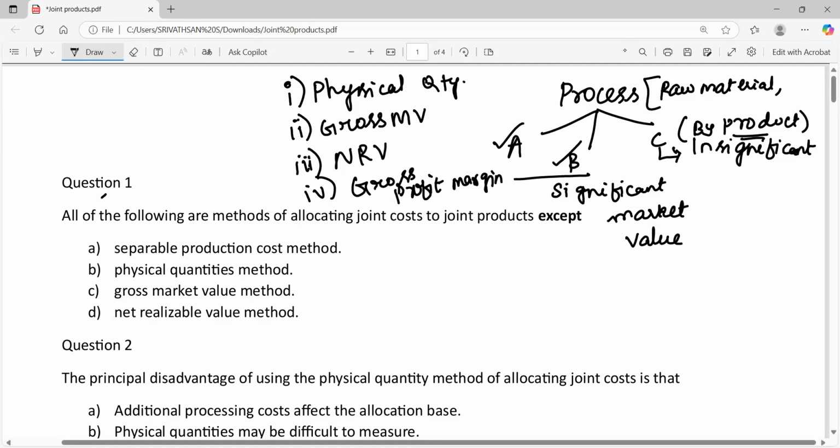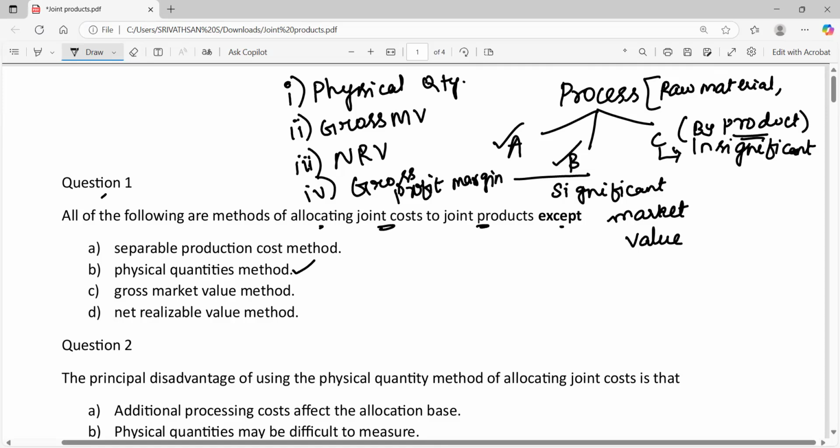Question number 1. All of the following are methods of allocating joint costs to joint products except. So they are asking which one of the following is not a method for allocating joint costs or common costs to the joint products. We already discussed physical quantity is one of the methods.